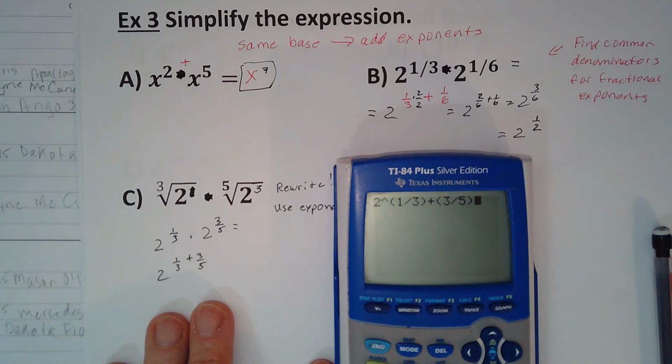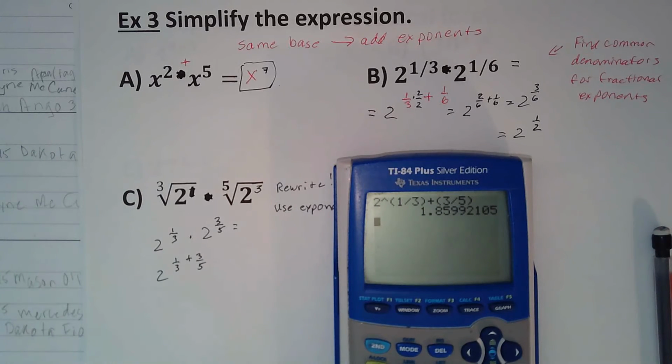Let's see what that does. 1.85, I don't know. Possibly that, you know, it might be worth that. Well, think about that. I'm going to tell you that yes, you can actually do this using a graphing calculator.